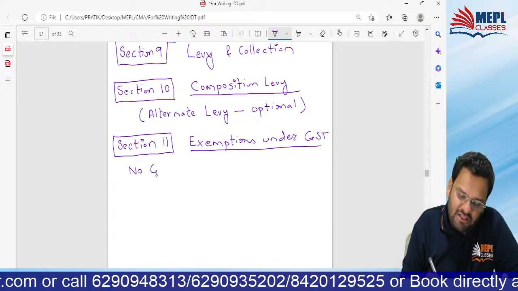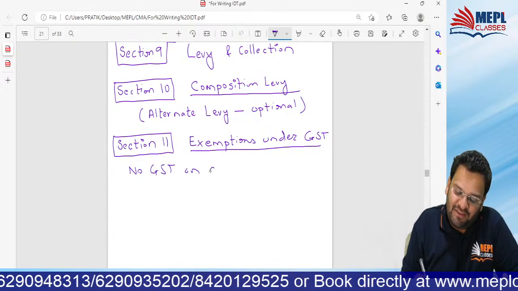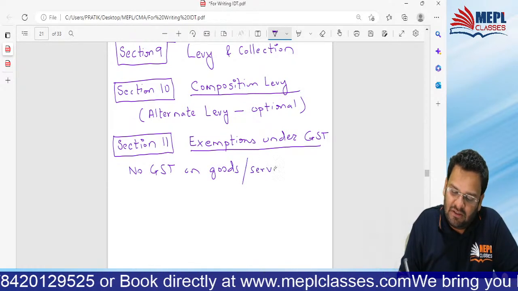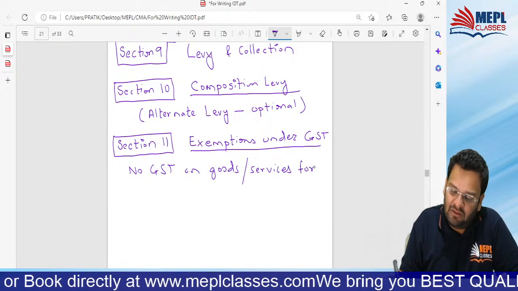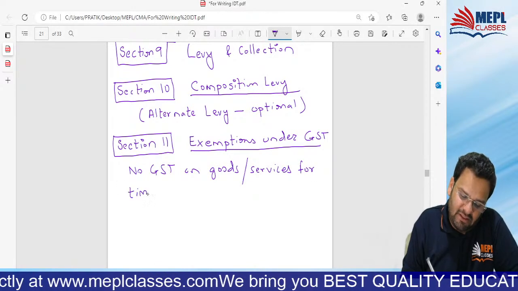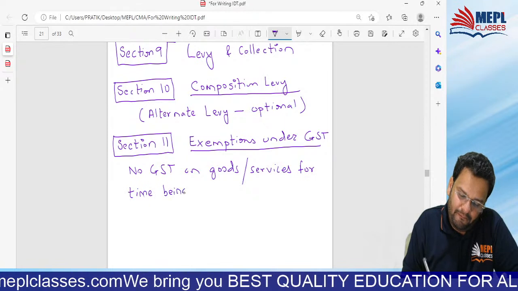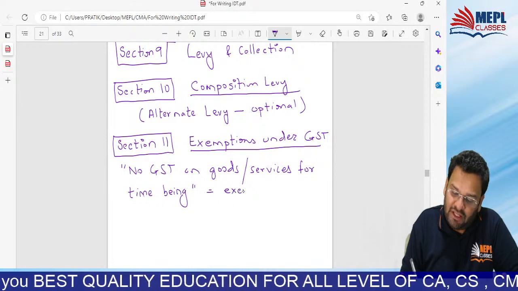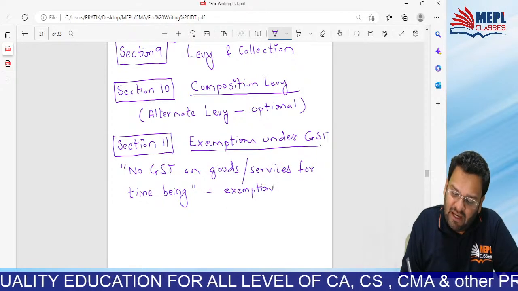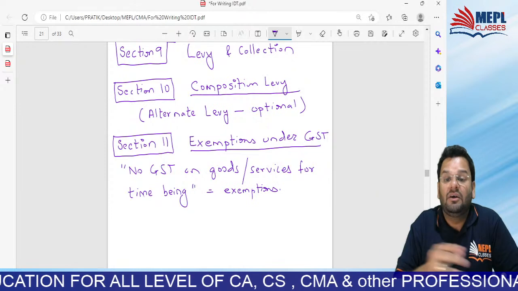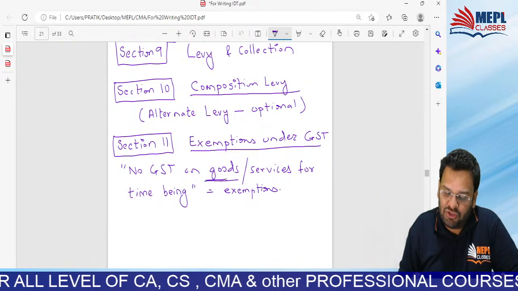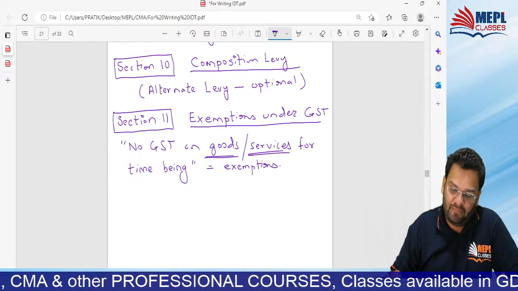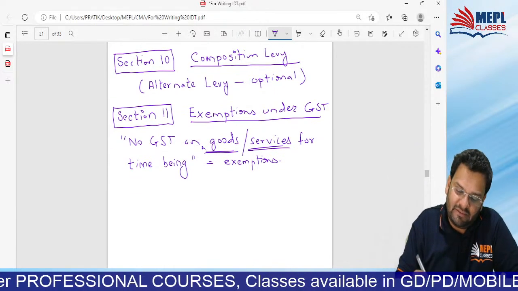So, no GST on certain goods or services for the time being. That is called exemptions. Agreed? So, section 11 gives the government the right to exempt certain goods and services for the time being from GST.